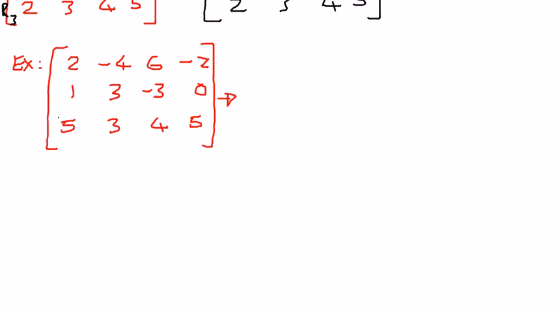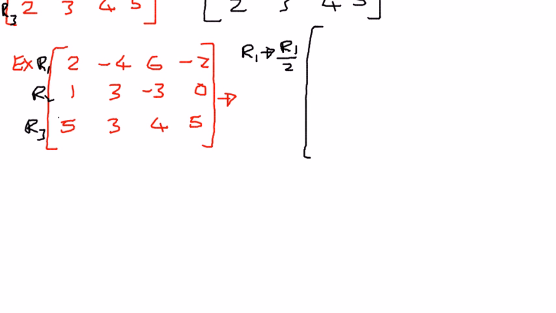I can take row 1, since this is row 1, this is row 2, and this is row 3. If I want to simplify, the new R1 I can write as the existing row 1 divided by 2 throughout that row.